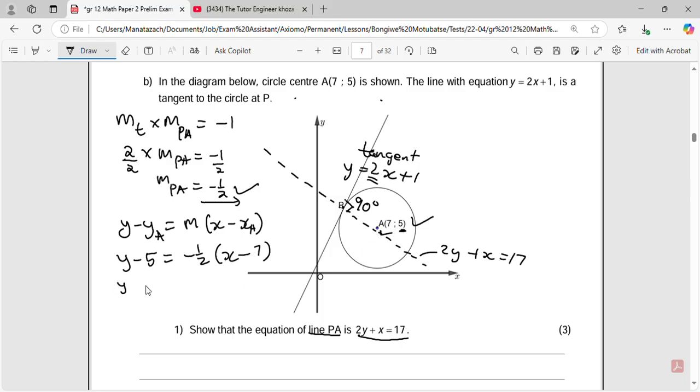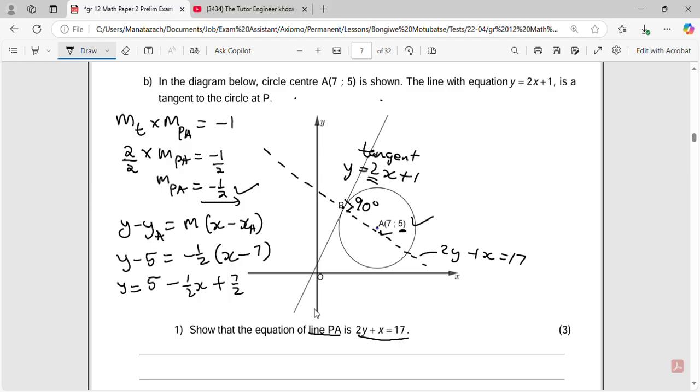So y is equal to, I'm going to take the 5 to the other side, it's going to be positive 5 if it crosses the equal sign. And then here minus 1 over 2 times x is minus 1 over 2x, minus 1 over 2 times 7, it's going to be plus 7 over 2.